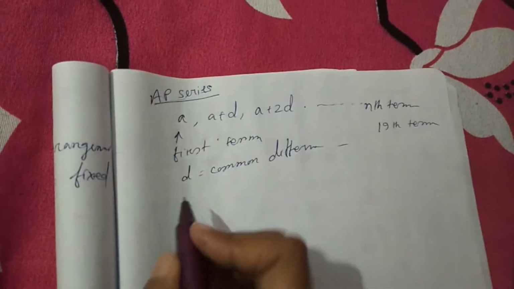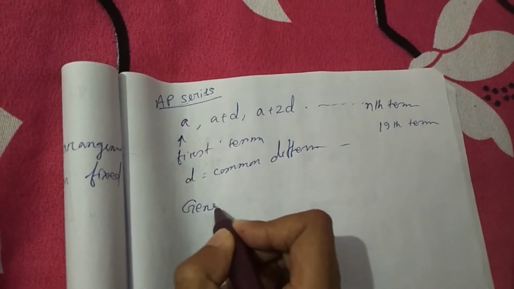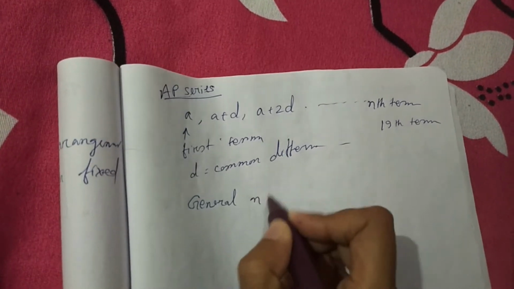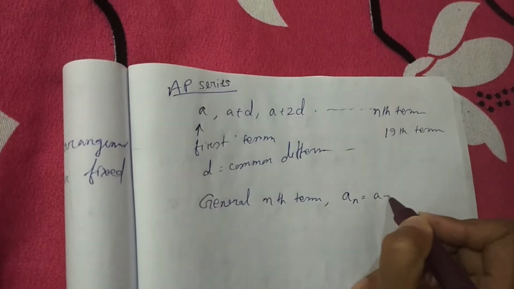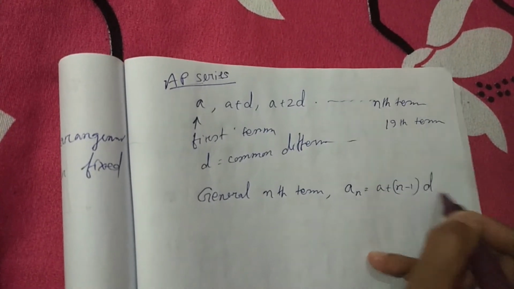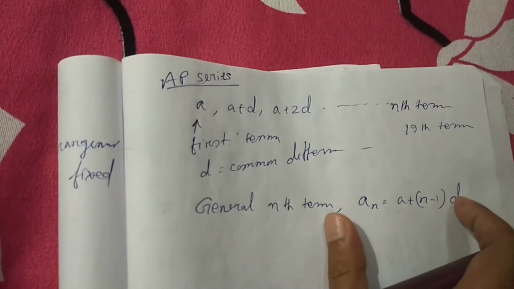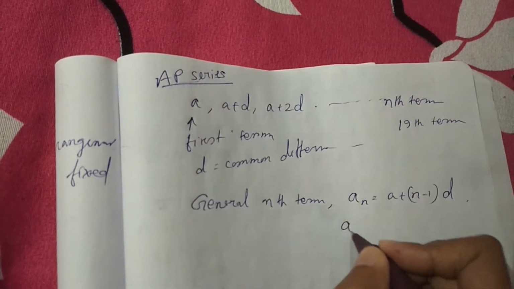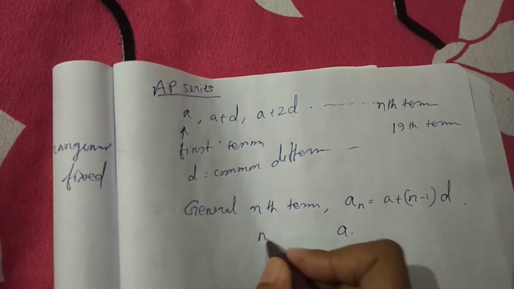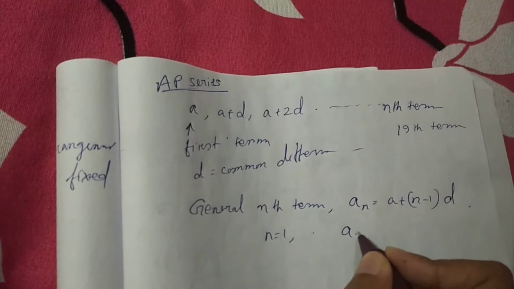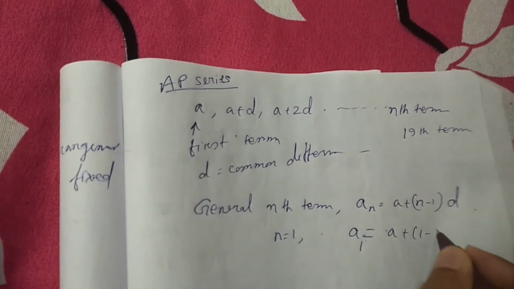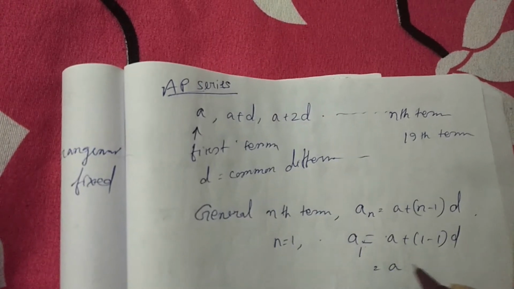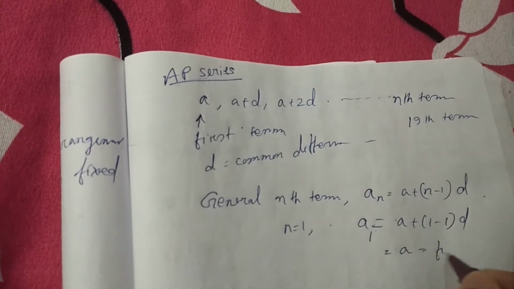We don't know, so let us write the general nth term formula: an equals a plus n minus 1 into d. From here we can find the first term. If we put n equals 1, we get the first term, a1, which is a plus 1 minus 1 into d, that is a, which is nothing but our first term.